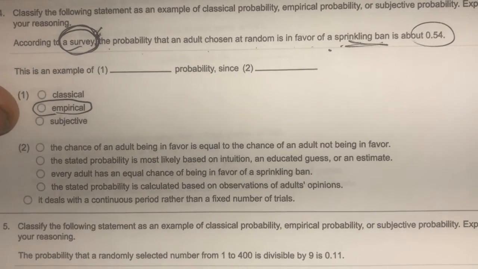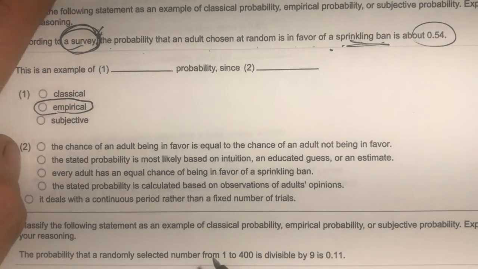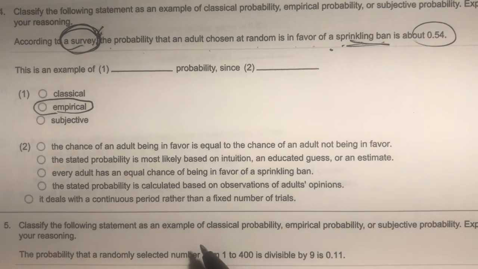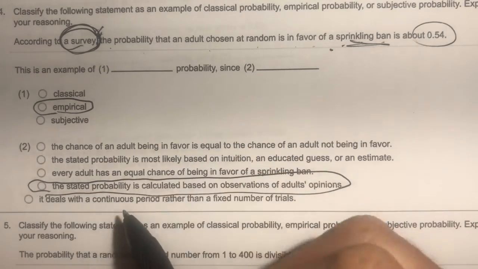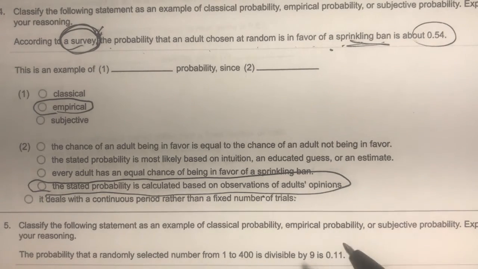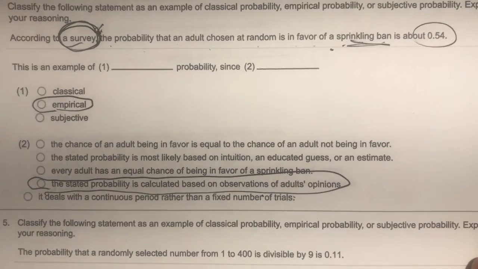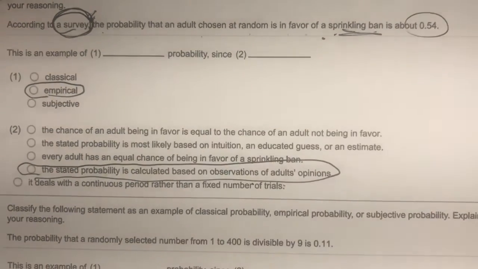So the stated probability is calculated based on observations of adults' opinions. It's like a survey or an experiment, which is empirical.